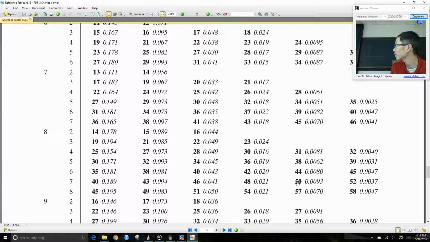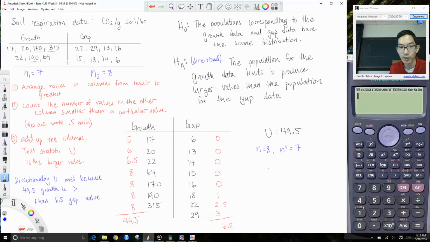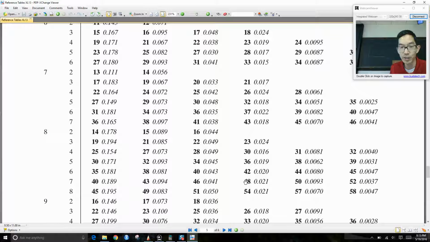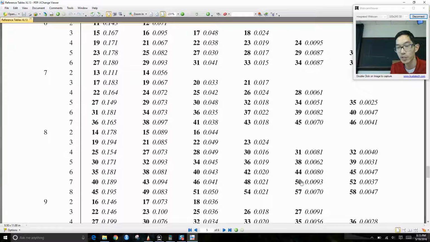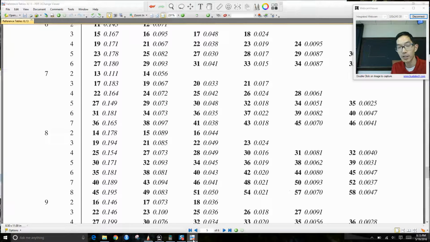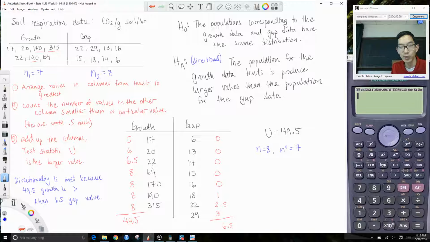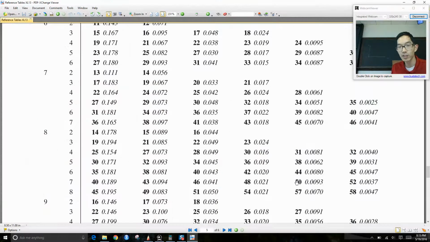What do I have? I got 49.5. We go here, and we see 49.5 is between 48 and 50. If this one was like 50, and I had a full number, then my corresponding tail area would be exactly 0.0093.